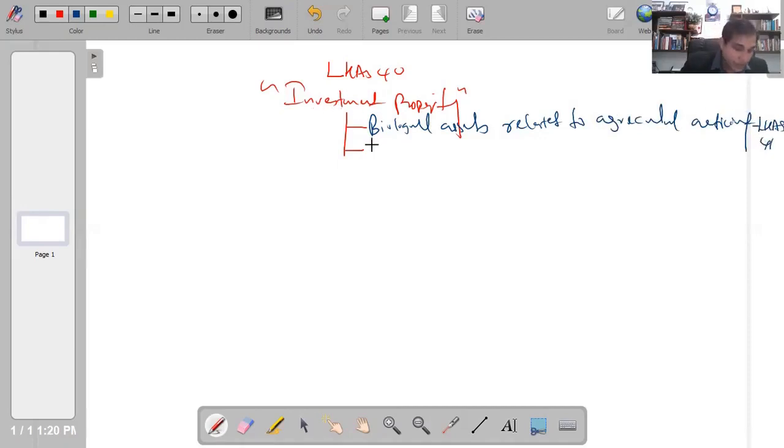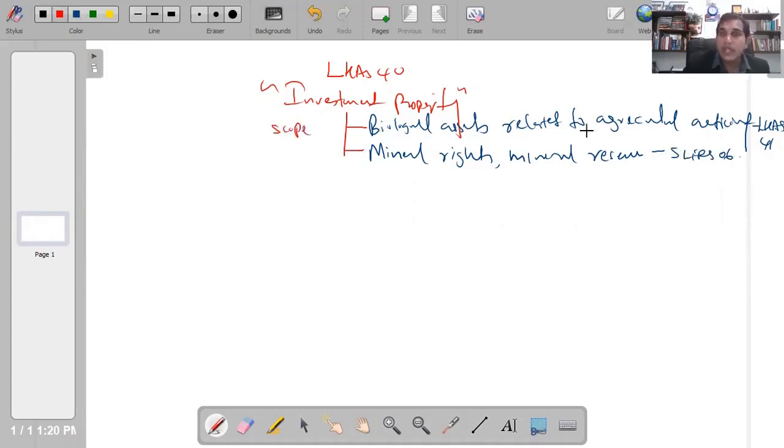Second one, mineral rights and mineral reserves such as oil, natural gas, etc. So the related standard is SLFRS 6. This is the scope.